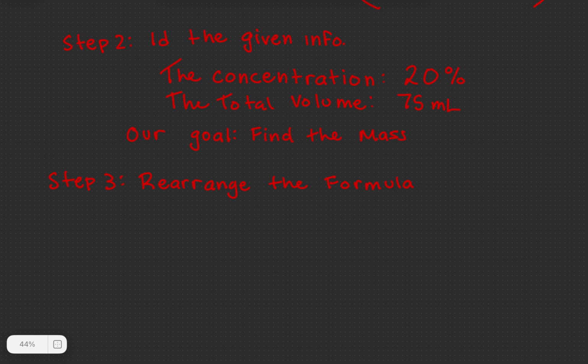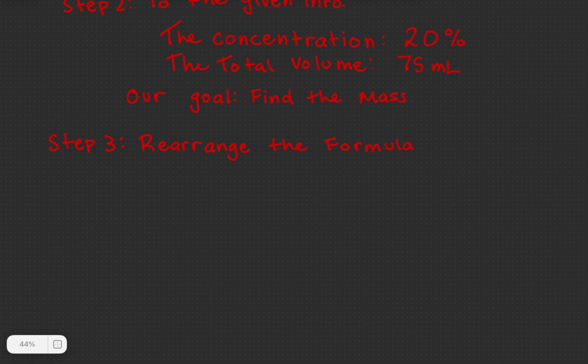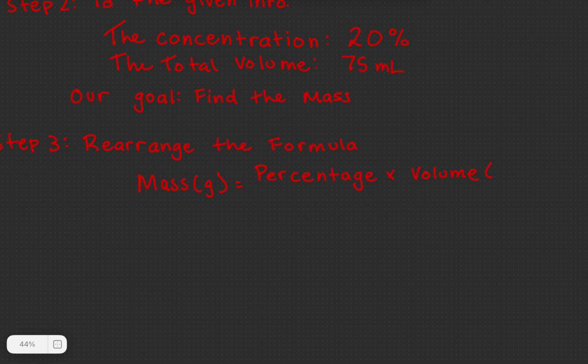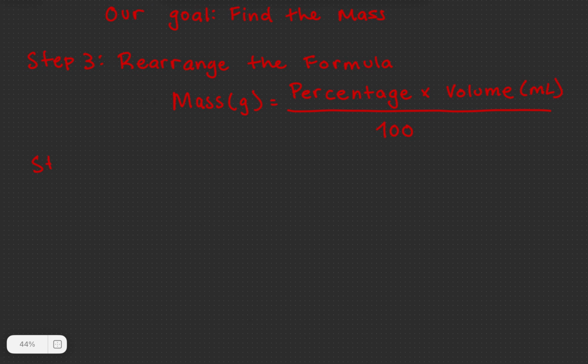If we multiply both sides by the volume and then divide by 100, we get mass in grams is equal to percentage times volume, which is in milliliters, over 100.